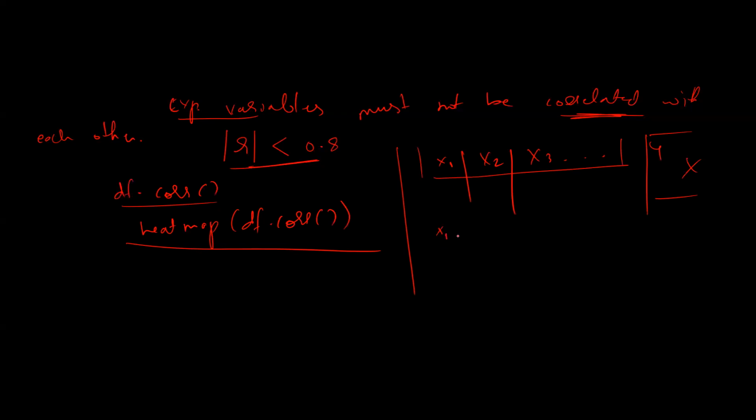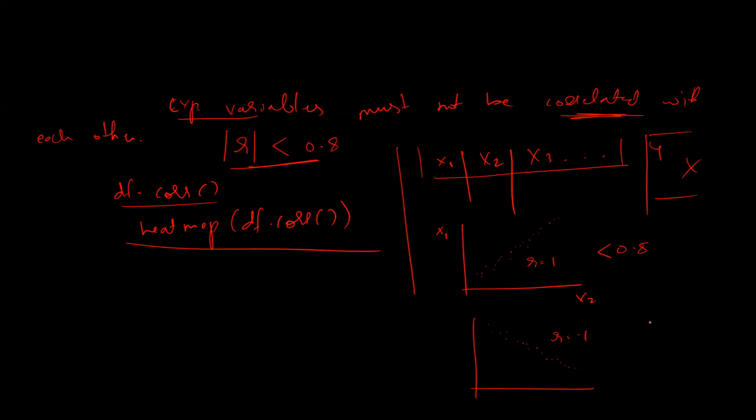Let's say I plot x1 with respect to x2, a scatter plot. They should not have a linear relationship. This is a relationship where I have r equal to 1. So the correlation should be less than 0.8. We also have a negative form of correlation, which can be given as r equal to -1.